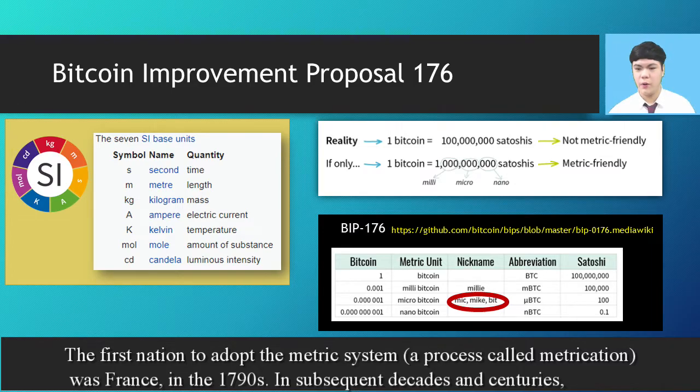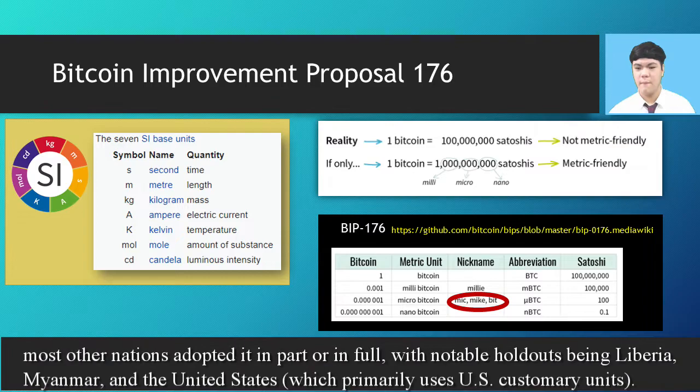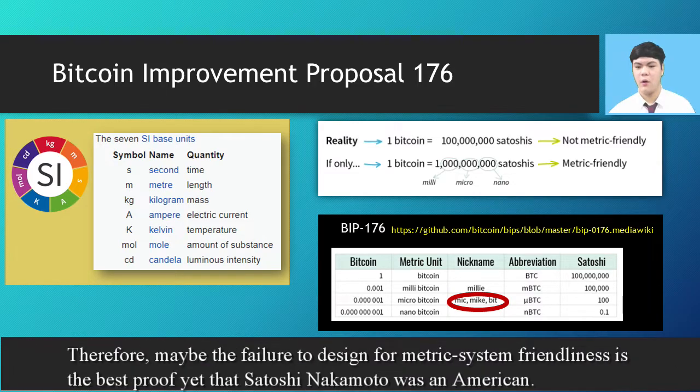In subsequent decades and centuries, most other nations adopted it in part or in full, with notable holdouts being Liberia, Myanmar, and the United States, which primarily uses US customary units. Therefore, maybe the failure to design for metric system friendliness is the best proof yet that Satoshi Nakamoto was an American.